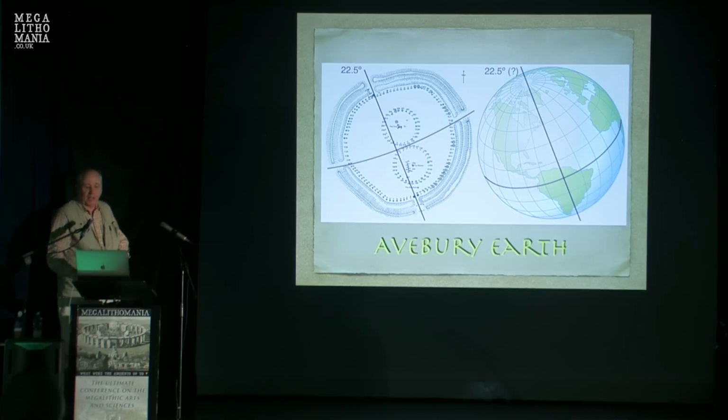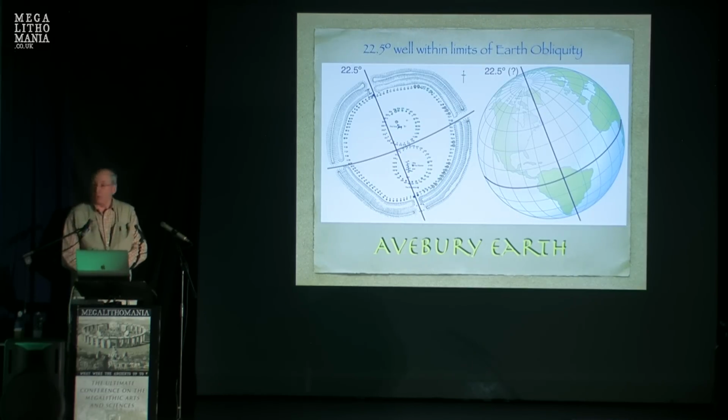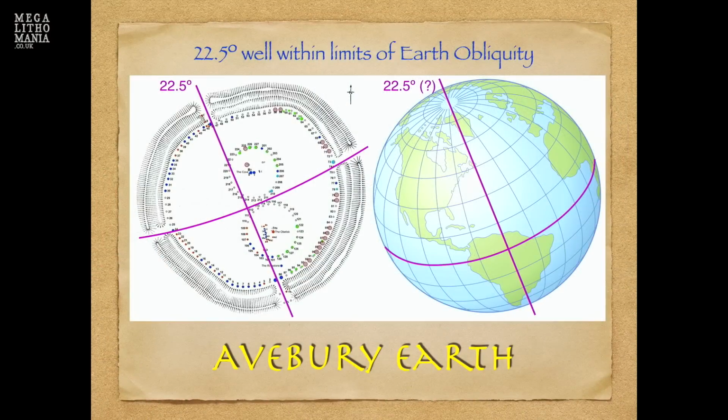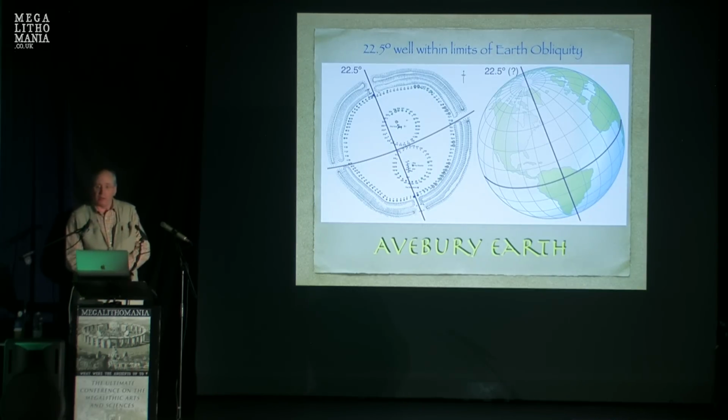And that angle of 22.5 degrees is well within the limits of the Earth's obliquity. We've already seen on that diagram that obliquity goes from 22 degrees up to 24.5 degrees. And so an obliquity angle, which we see here, the leaning angle of Avebury, is well within the limits of what we get for the real Earth.